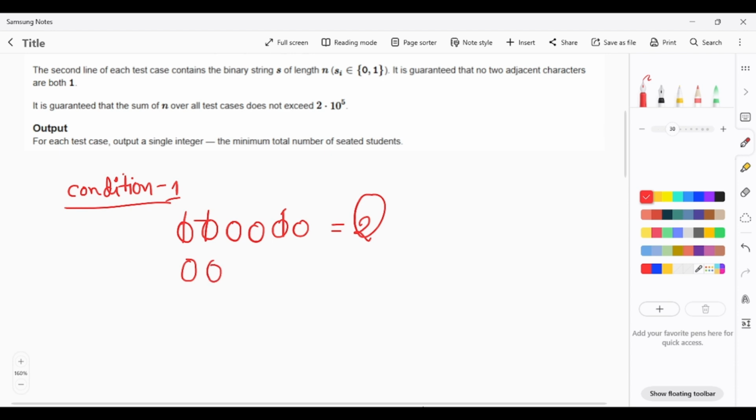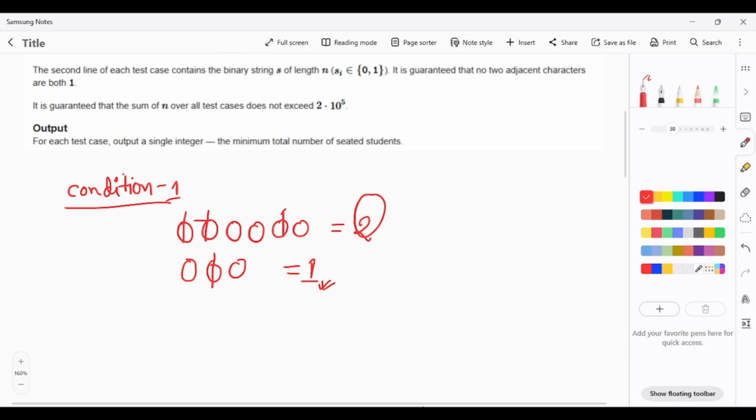Imagine another situation where the total vacancy is like 3. So if we add a student here, then the total number of students added is 1. And actually this number means the previous existing students plus newly added students.